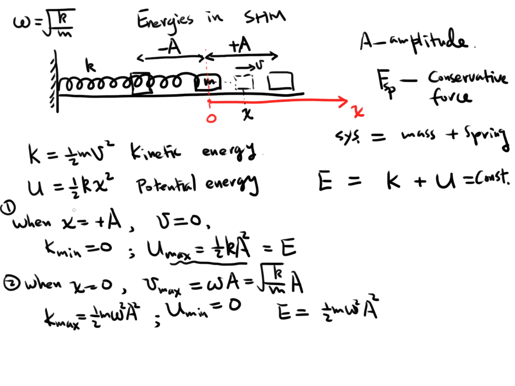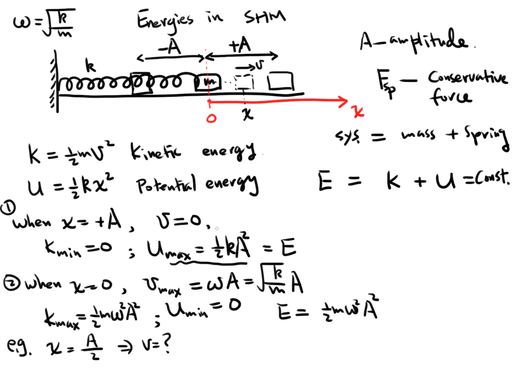Now let's look at in between, let's say at this position x. Suppose I tell you, as one example calculation, that this x is half a. Can we calculate what is the velocity at this location? For this question we can apply the energy conservation concept.